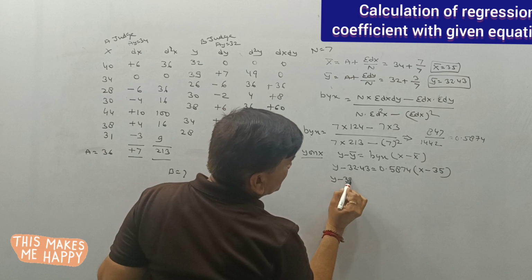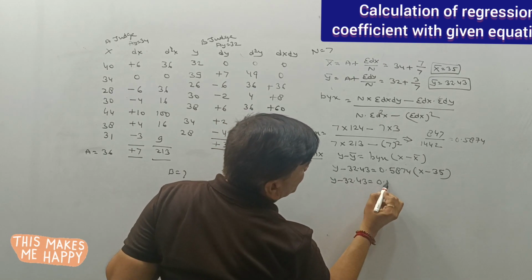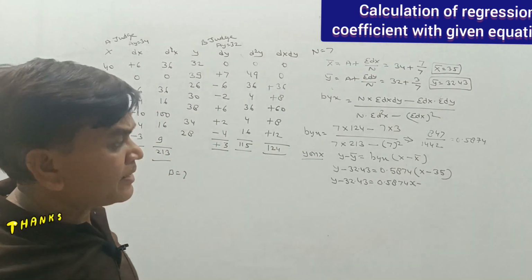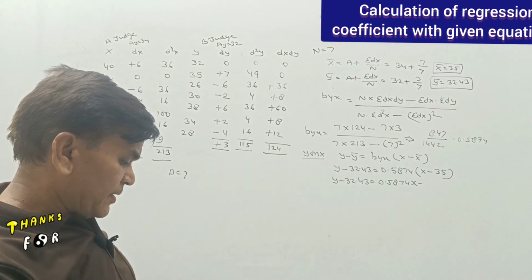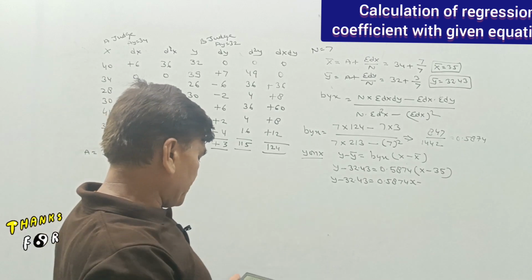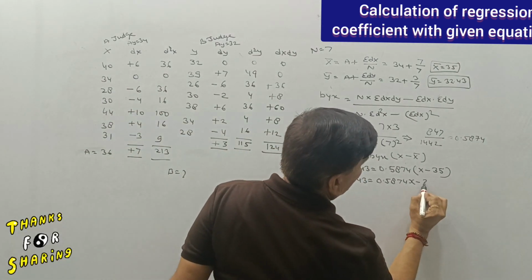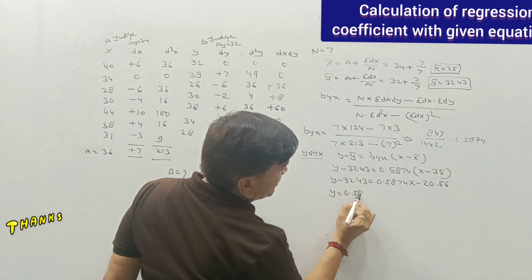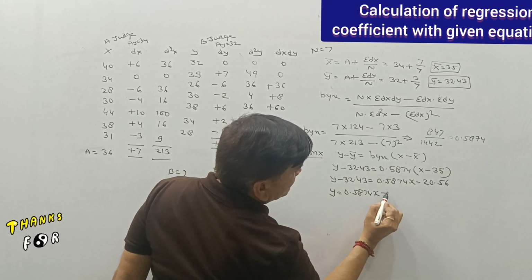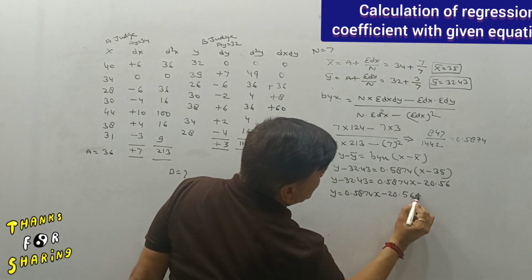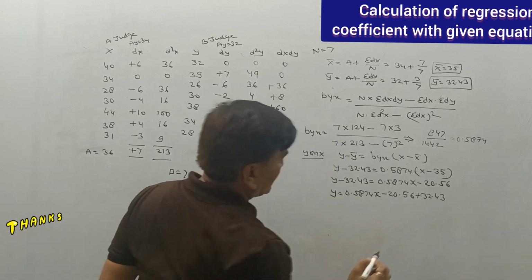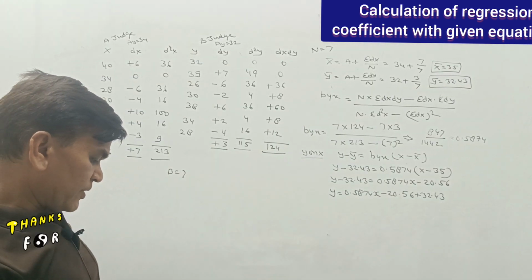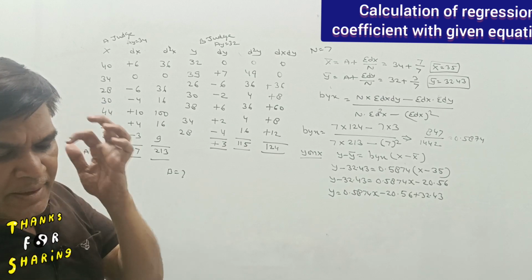So y minus 32.43 is 0.5874 x minus, multiply by 35, 20.56. So y is equal to 0.5874 x minus 20.56 plus 32.43. So plus value will be 11.87.